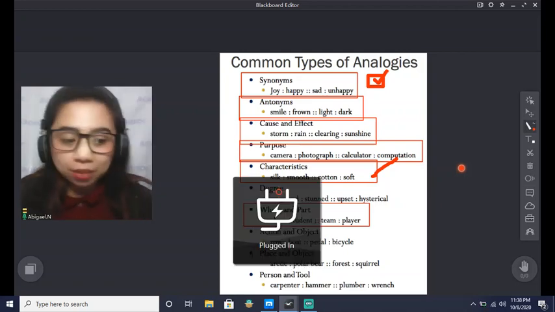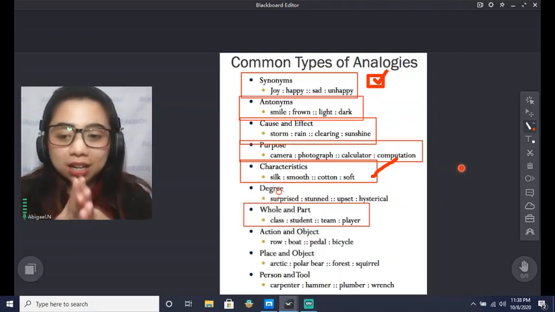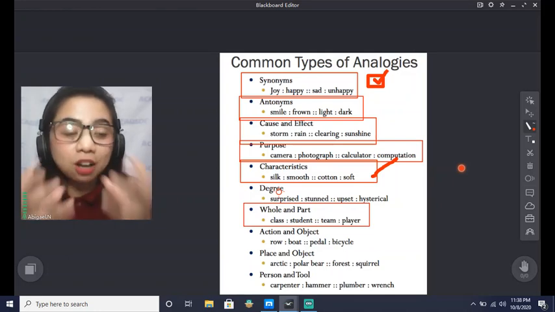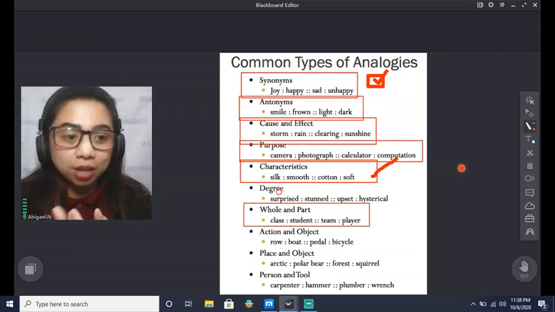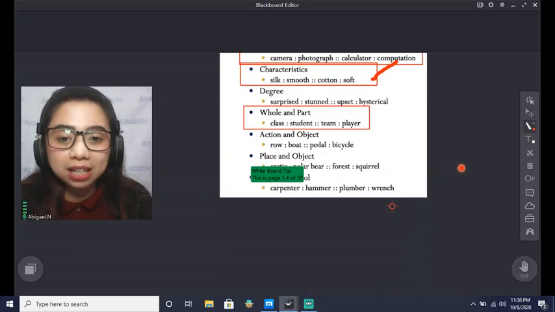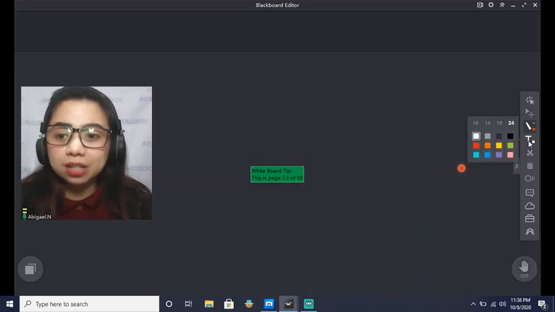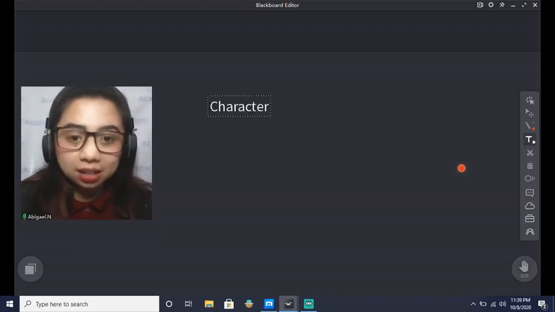And cotton, of course, we know cotton, right? It's really fluffy. It's soft, right? That's the white one that we know. So this is a good example of a characteristic analogy. So let's type the word characteristic here.